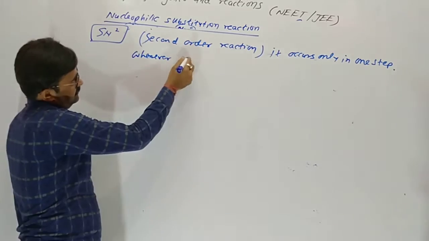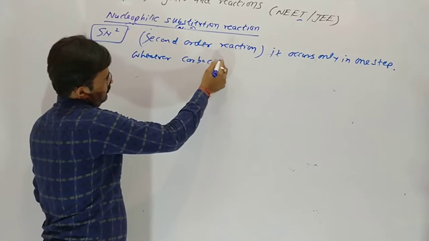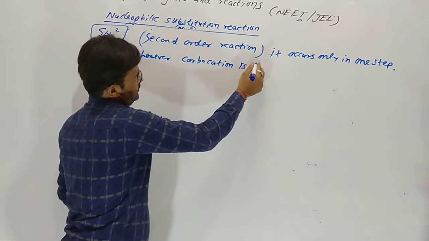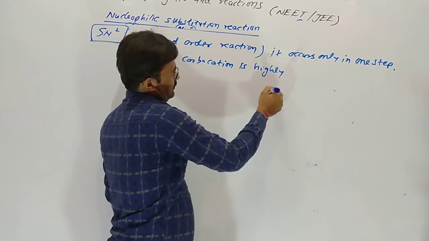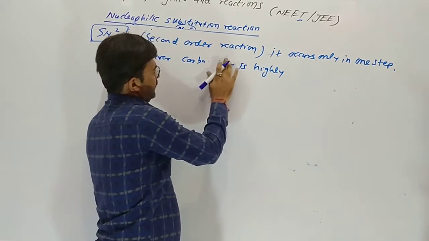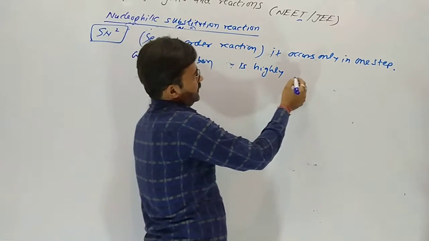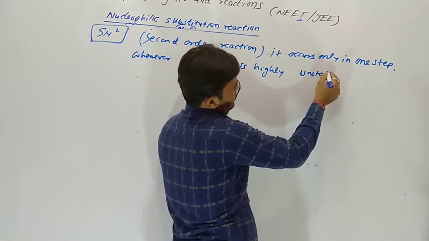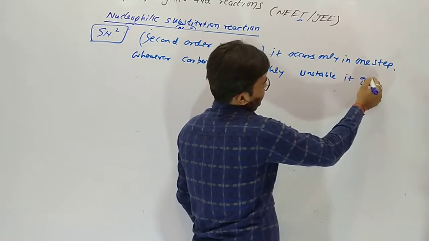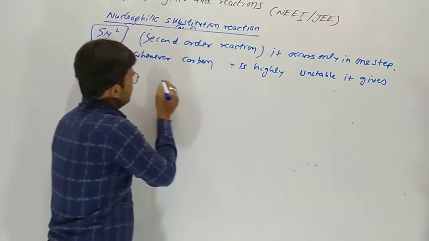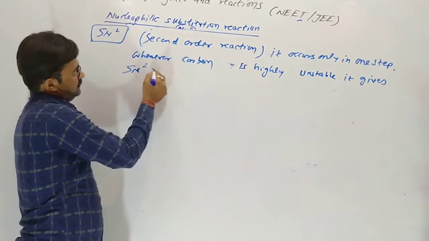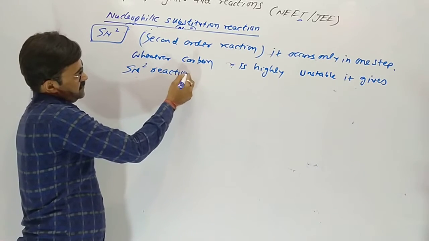Whenever the carbocation is highly unstable, whenever the carbon is highly unstable, it gives the SN2 reaction.